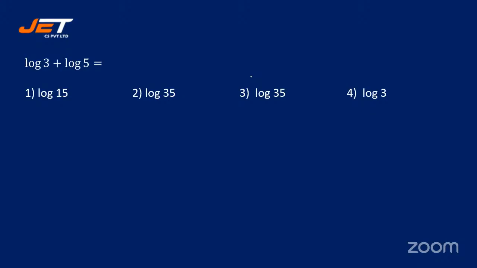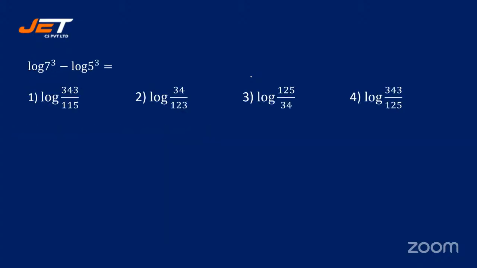Log 3 plus log 5 is dash. Addition means it should be multiplication, isn't it? So it should be log of 3 into 5, that is log 15. Right. See the next question.